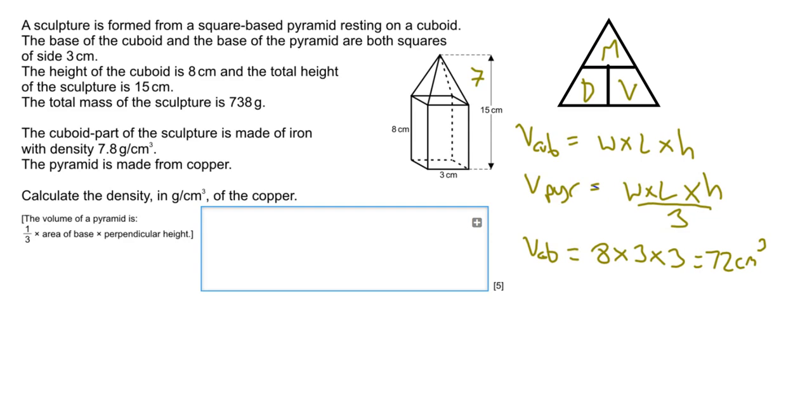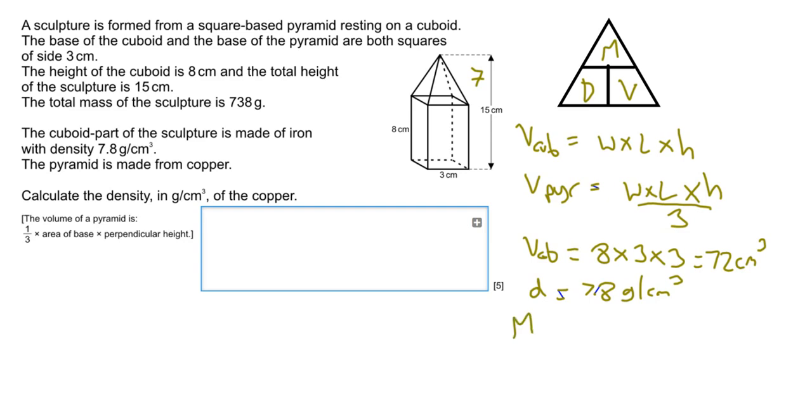And then I know that the density of that is 7.2. So the density is 7.8 even, 7.8 grams per cubic centimeter. So I can work out the mass. Mass will be density times volume.